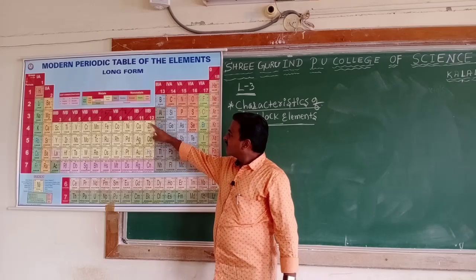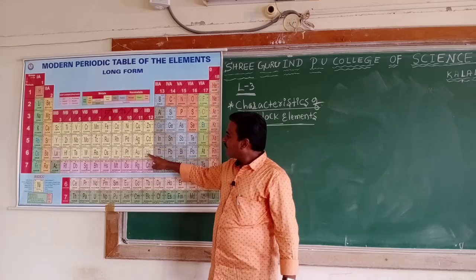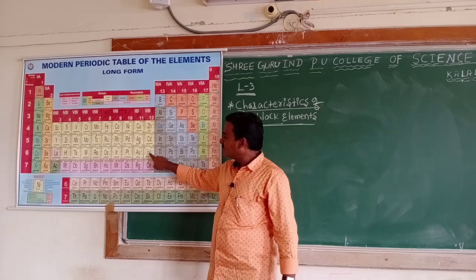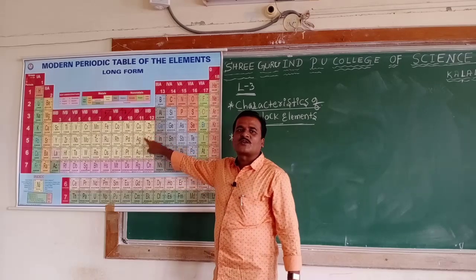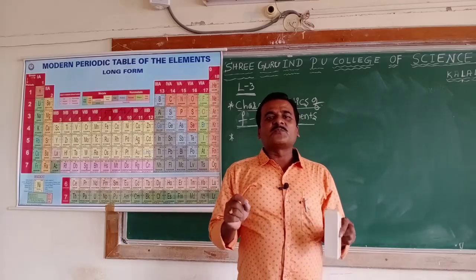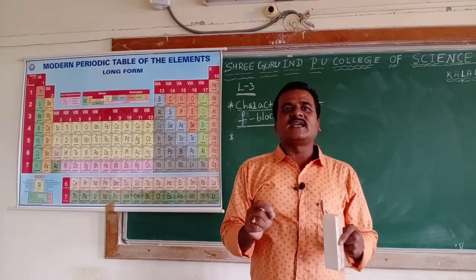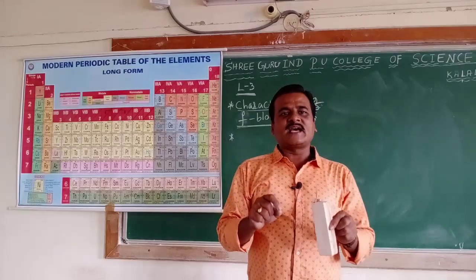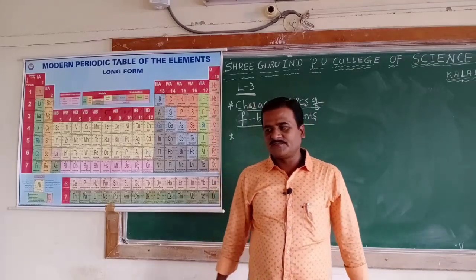So zinc 3d10 4s2, cadmium 4d10 5s2, mercury 5d10 6s2. They contain completely filled d orbitals, by which they are called pseudo transition elements, even though they are placed in the transition elements, nothing but d block elements.